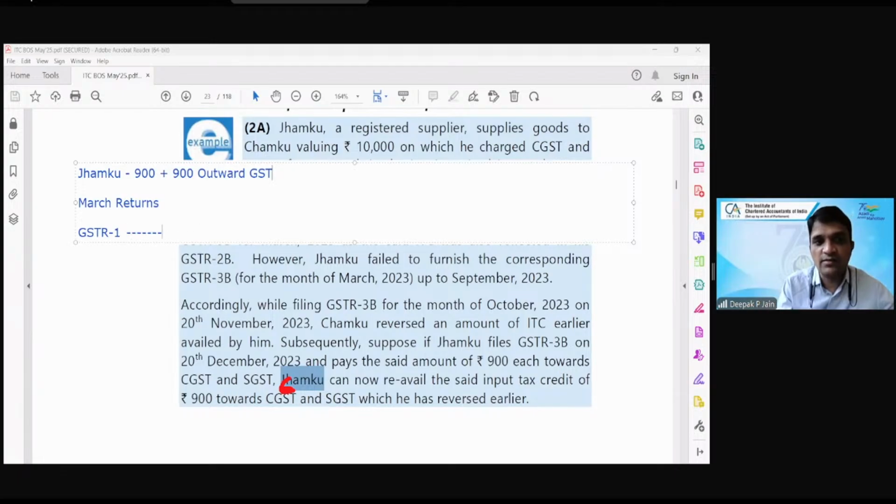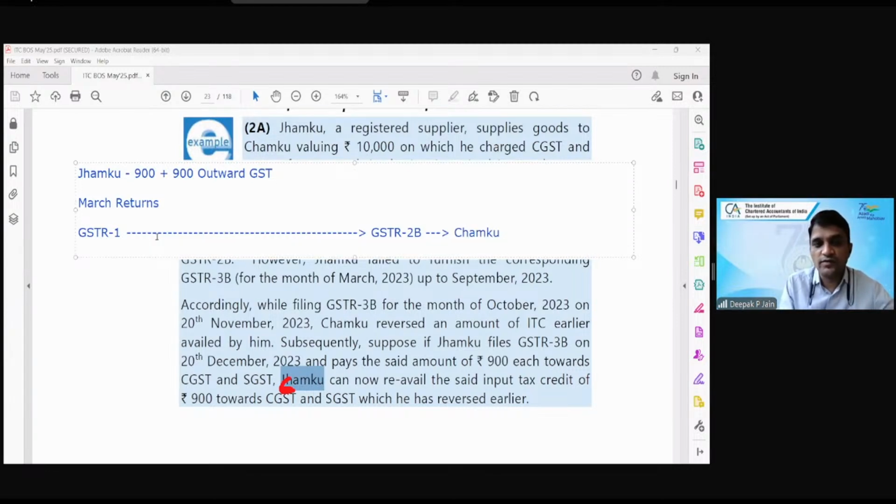अगर GSTR 1 में आ गया है, so immediately it will get transferred in the GSTR 2B of whose it will appear in GSTR 2B of Jamku. Okay. Once it appears in GSTR 2B of Jamku, what will Jamku do?